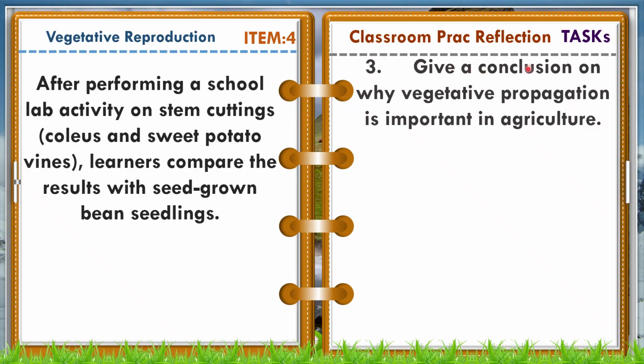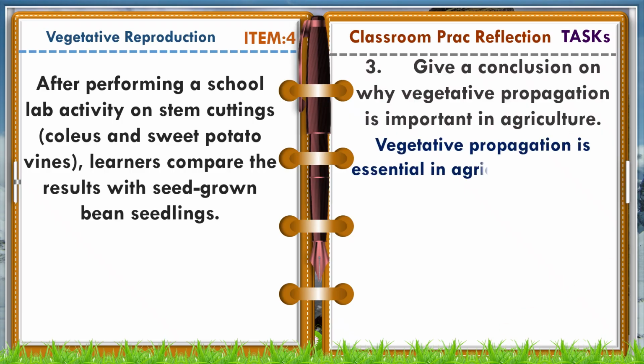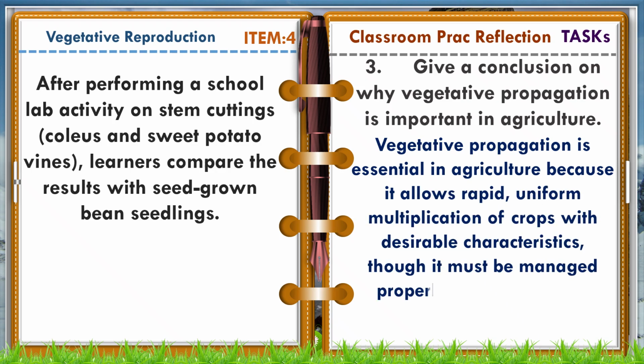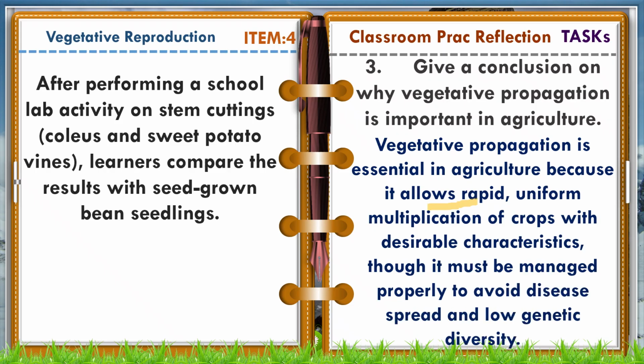Give a conclusion on why vegetative propagation is important in agriculture. Vegetative propagation is essential in agriculture because it allows rapid uniform multiplication of crops with desirable characteristics, though it must be managed properly to avoid disease spread and low genetic diversity.